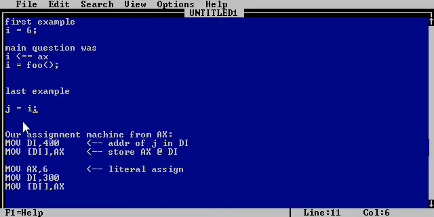These ones, though, can be reversed. This example was completely symmetric. We could have put I on this side and J on this other side. So there is a slight difference between this and this. It's not exactly the same.